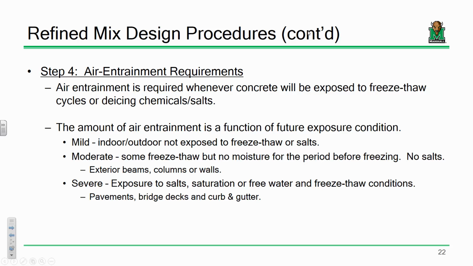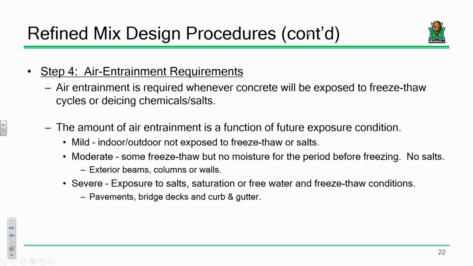We have mild exposure, which is going to be something that's indoor, or anything that's not going to be exposed to freeze-thaw. So maybe something like a floor slab in this building, or an interior column or beam in this building. This is inside. The temperature is regulated. It's really not going to be subjected to those types of cycles.